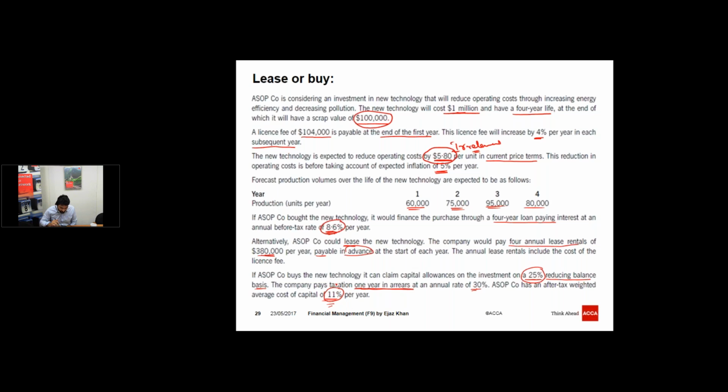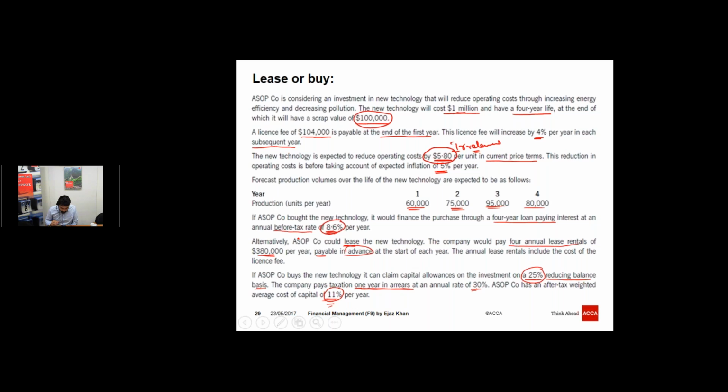In case a question does not give us any finance rate, then we can use the cost of capital as our discount rate. But wherever a question gives us a finance rate, we'll always use the finance rate rather than the cost of capital. So we'll use 8.6% as our discount rate, but this is before tax.